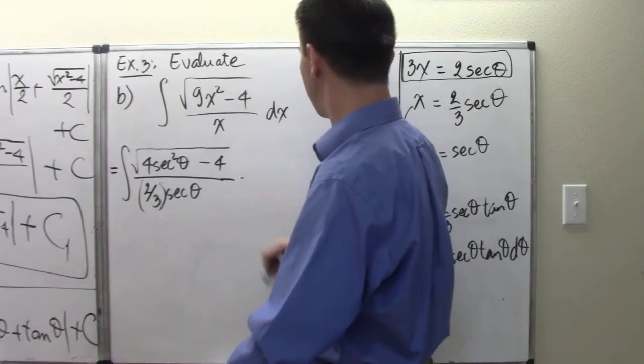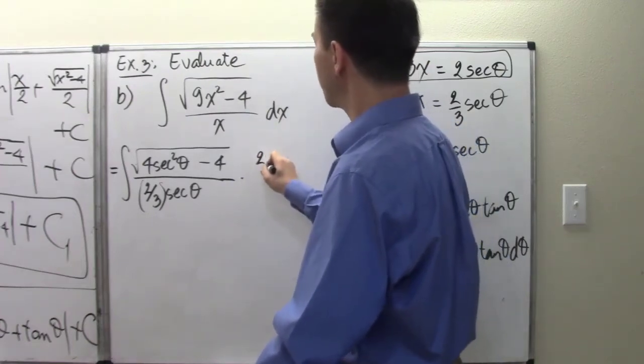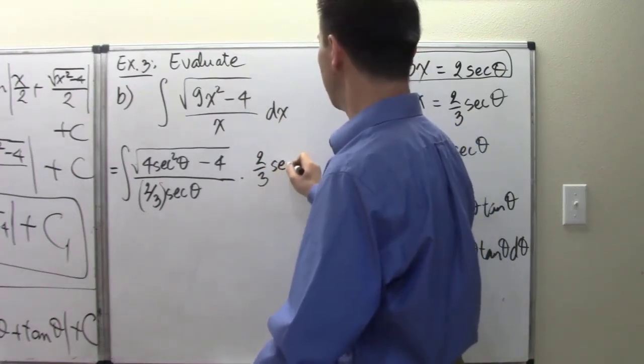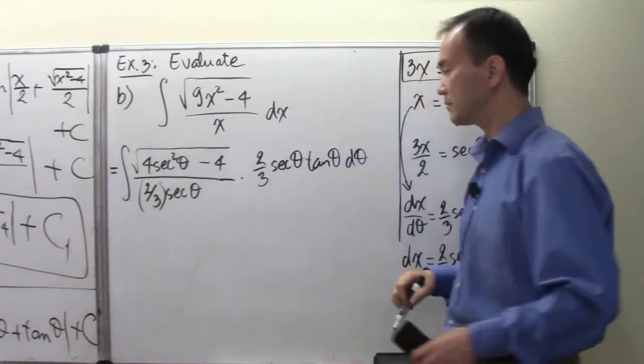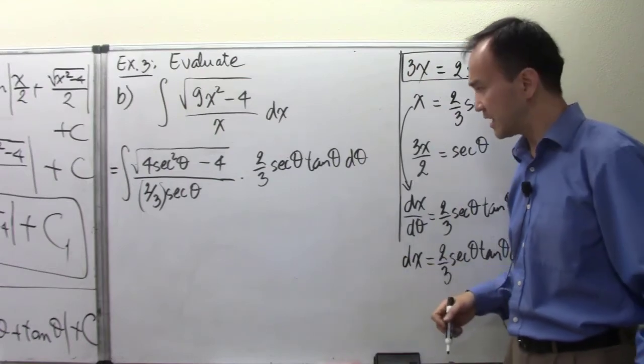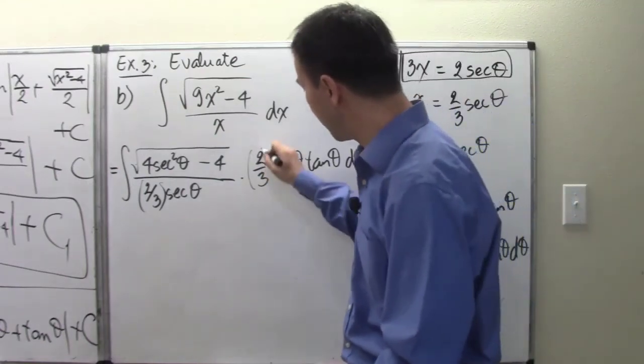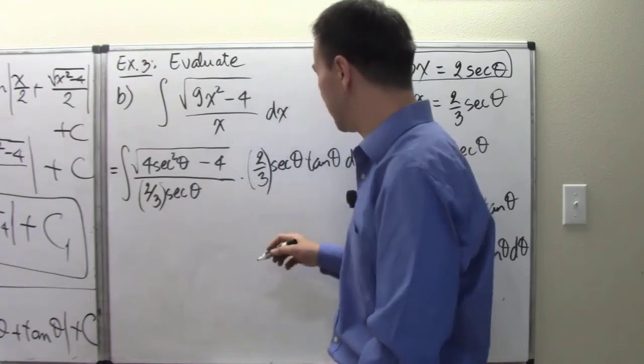And then the dx can be substituted by 2/3 secant of theta times tangent theta times d theta. There's another good piece of news: the 2/3 will cancel immediately, even before any further algebra.